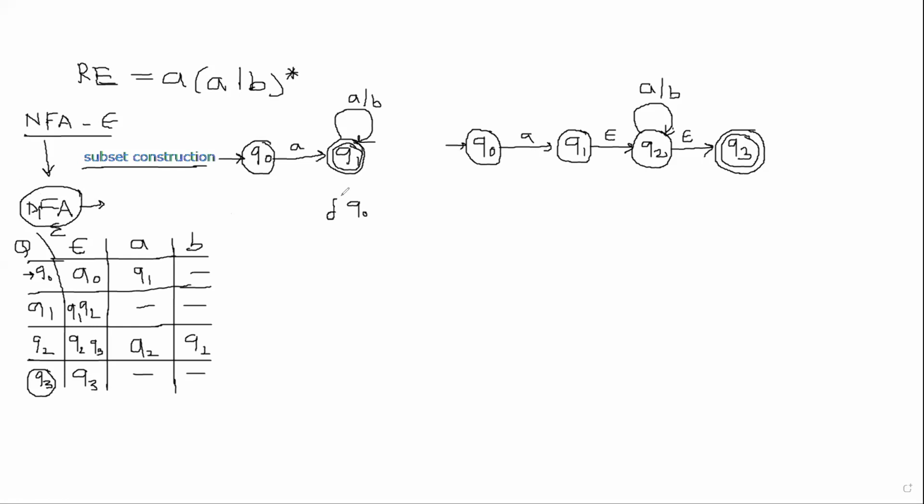If I want to check the transition of Q0 on A, then you have to go with the epsilon closure of the transition of epsilon closure of Q0 with A.